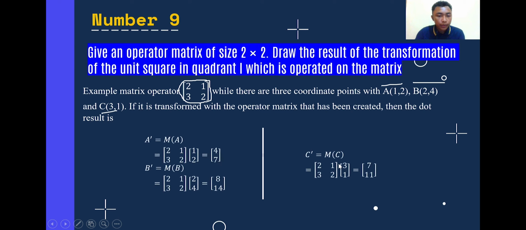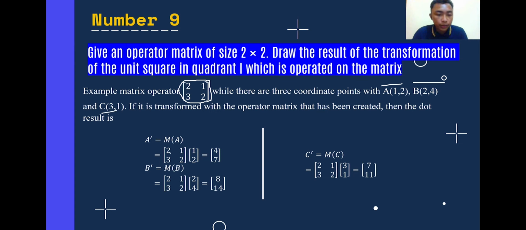And the result will be like this. You can see A accent is the matrix operation multiplied by coordinate A. Just like that is the formula. We just need to multiply the matrix operation with the coordinate.